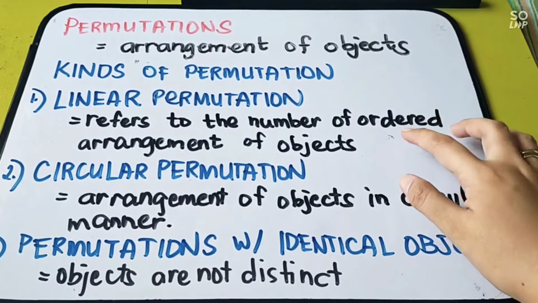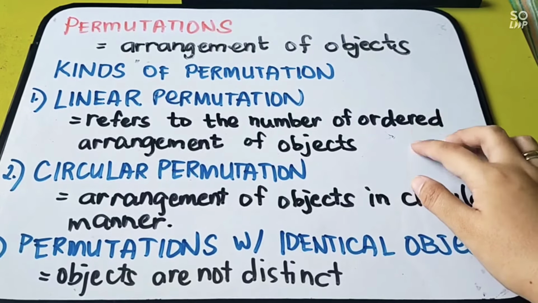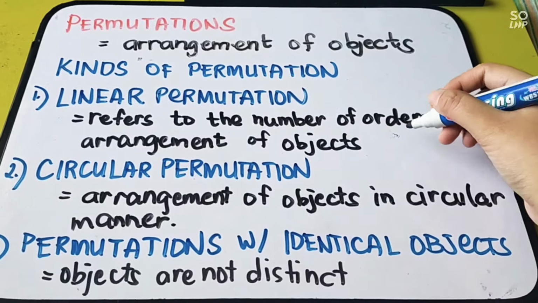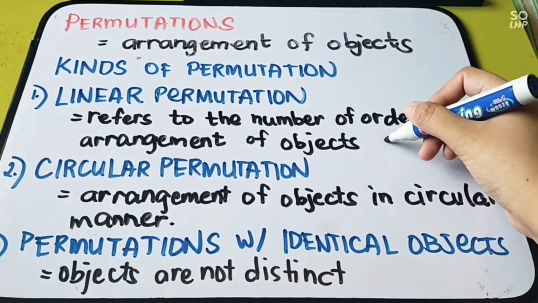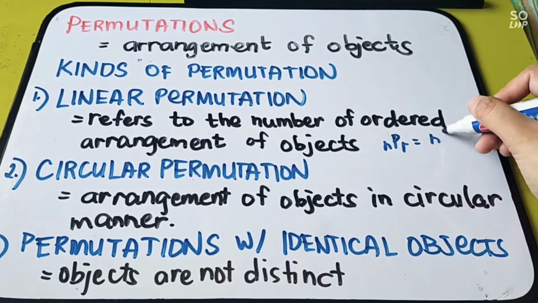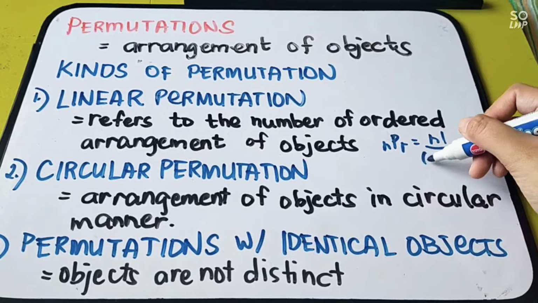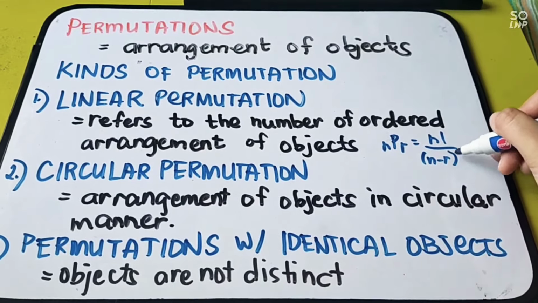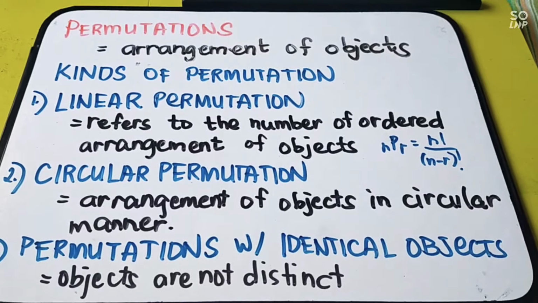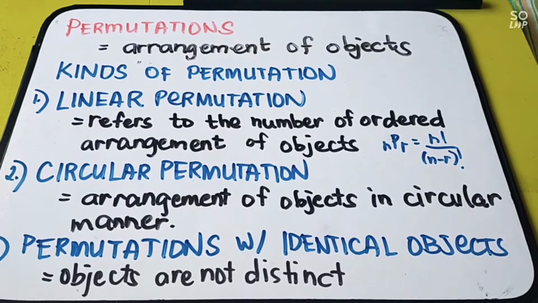Saan, ang gagamitin lang natin dito ay yung pinaka-formula ni permutation. Ano ba yung pinaka-formula ni permutation? Yun yung nPr is equal to n factorial over n minus r factorial. So, yan lang yung gagamitin natin kapag linear yung ating permutation.